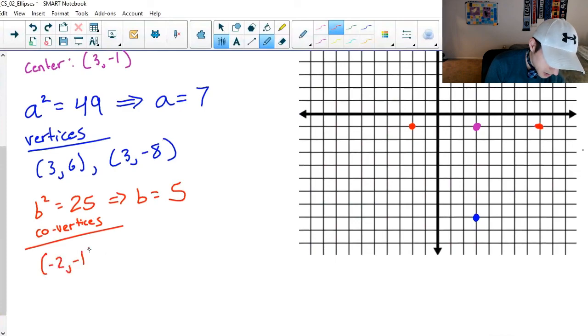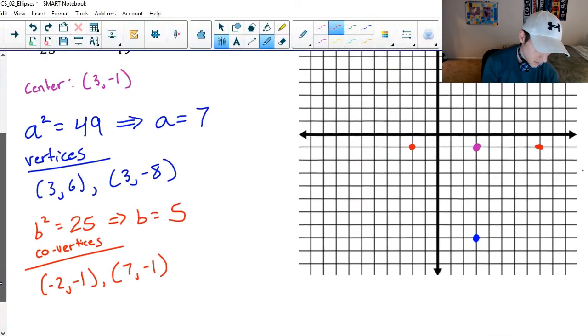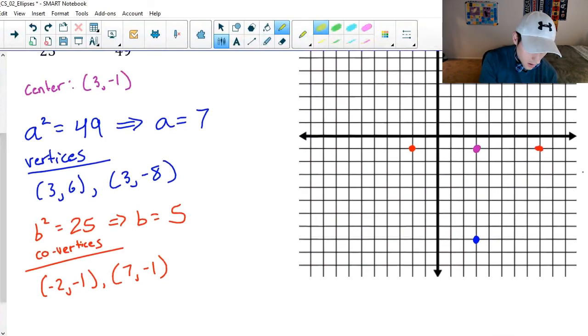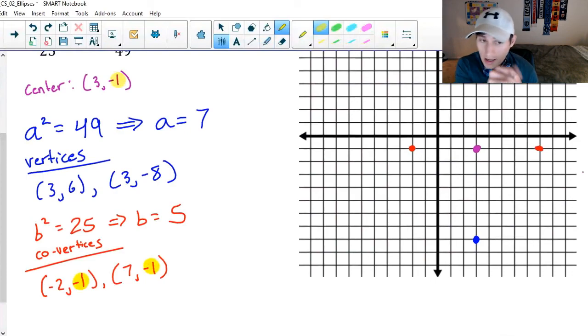So that would be -2, -1, and 7, -1. And again, notice this time I kept the y values the same because the co-vertices should move left and right from the center. So the y value stays the same. It's just the x value that I add 5 or subtract 5 from.